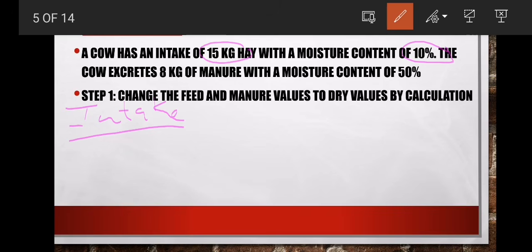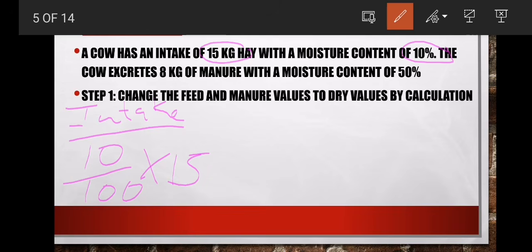And remember, this 10% is the moisture content. But what we want at the end of the day, that we will take into our formula, is the dry matter content. Let's check. How do we get it? When we want to get the 10% of the 15 kg, it's simple. I want you to say 10 divided by 100 multiply by 15.